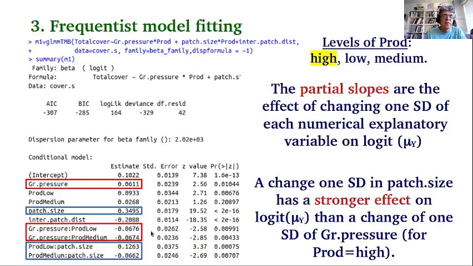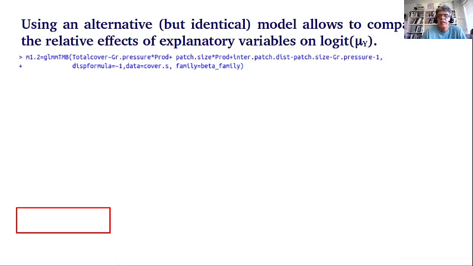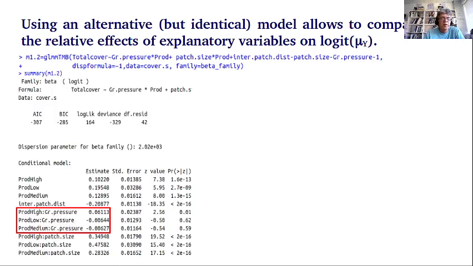And likewise, here is the partial slope relating patch size with the logit of the mean of the response variable for the reference level of productivity, and here are the differentials of slopes for the other two levels of productivity for this numerical explanatory variable. By fitting an alternative but identical model, we can calculate directly the slopes and intercept for each of the levels.